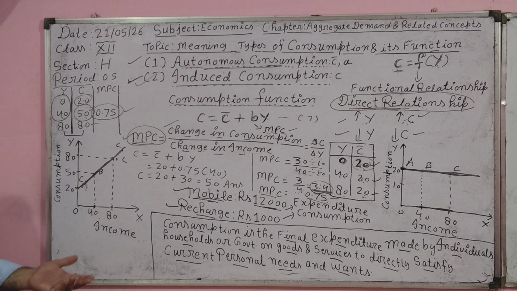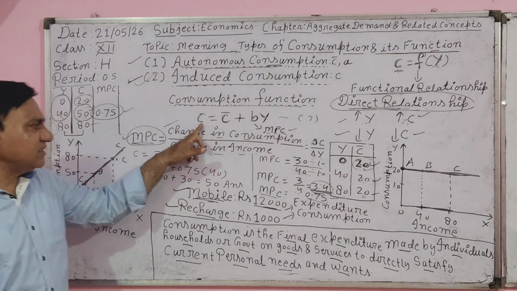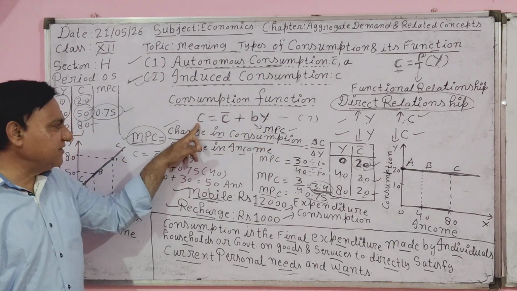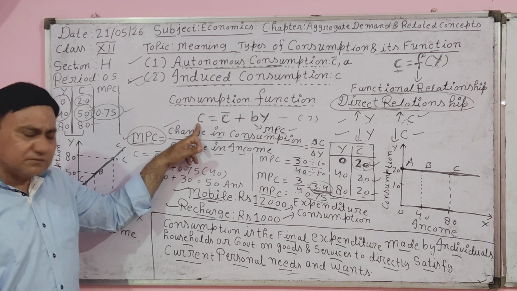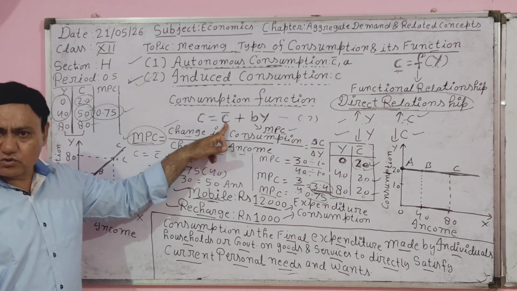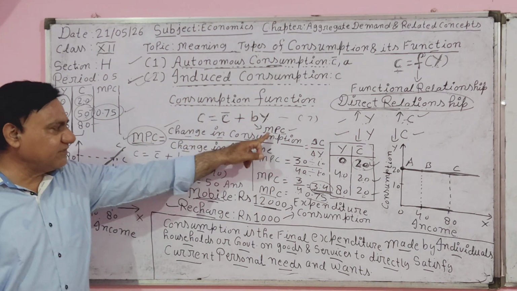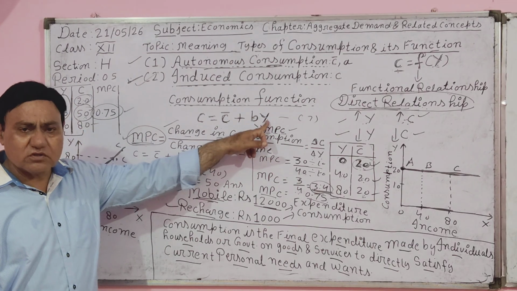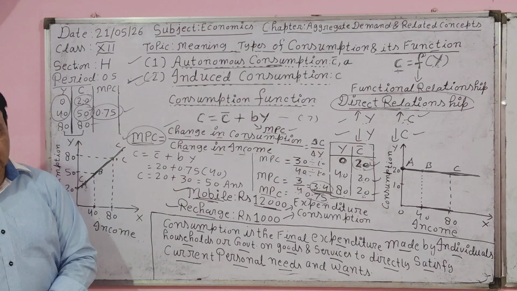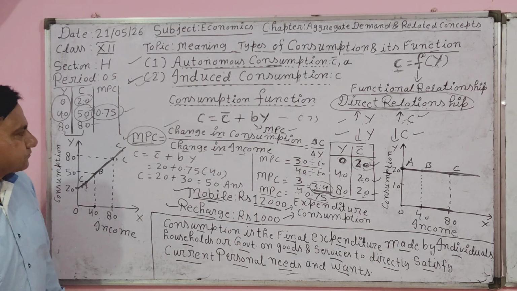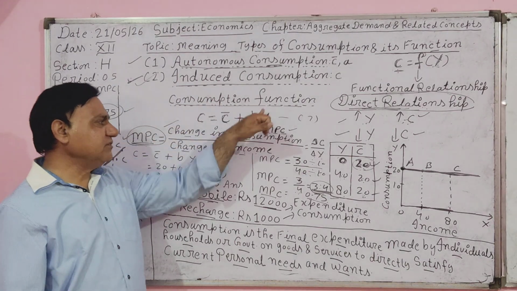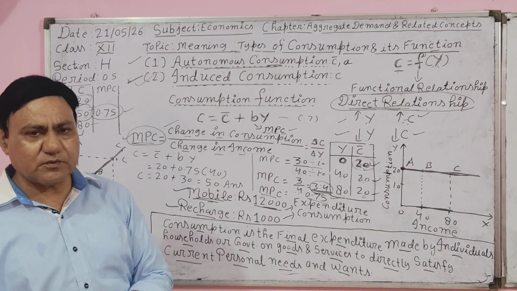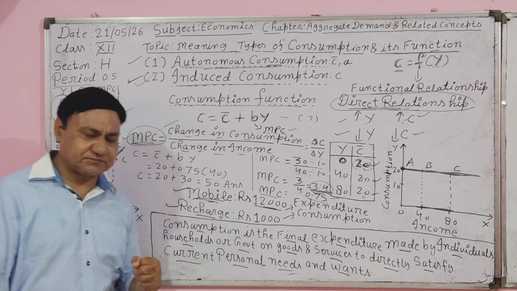So other equation of consumption function is C is equal to C bar plus BY. C refers to induced consumption, C bar refers to autonomous consumption, B refers to MPC, and Y refers to income, level of income. This consumption function can be further explained with the help of numerical example.